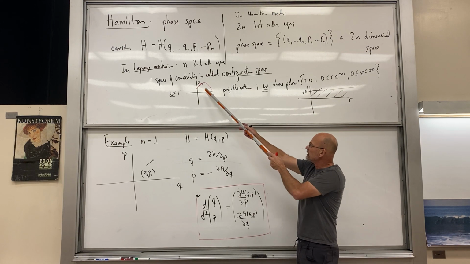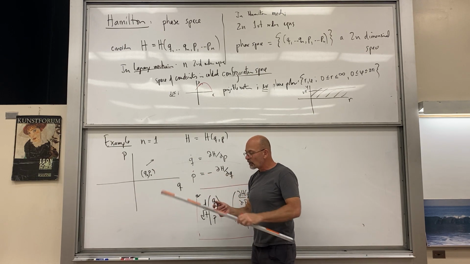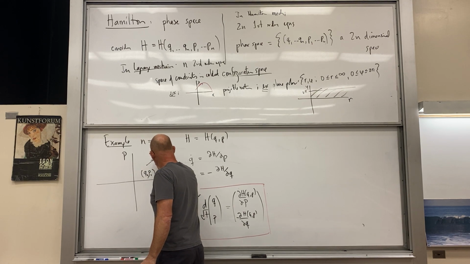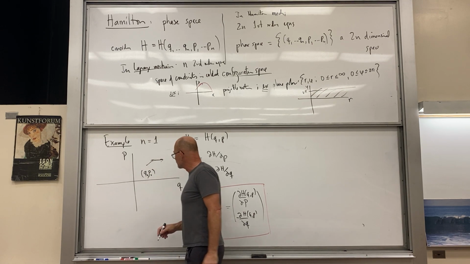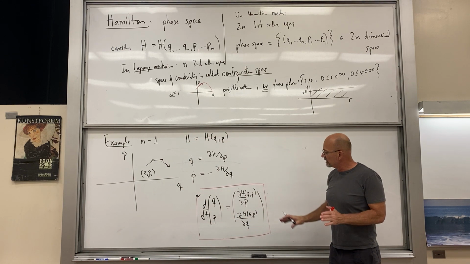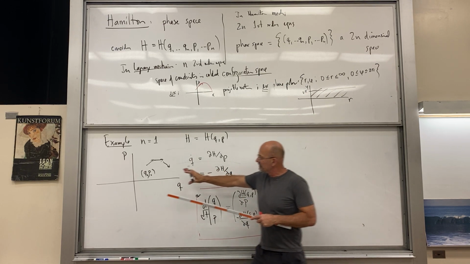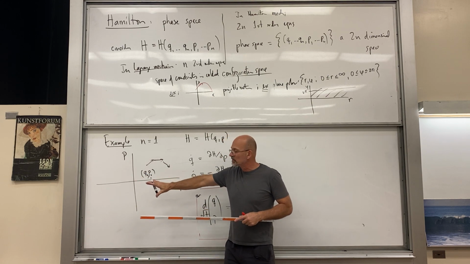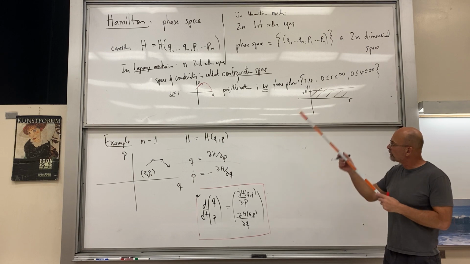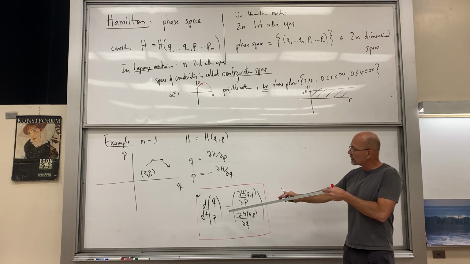I had that projectile motion there, so if you had some more points, say you had one right here, and that vector is pointed that way, and you had one right there, the vector is pointed that way, you can have your vector field, and if you plot enough of those arrows, it'll show you what the trajectories look like. Okay, this is something we do not remotely have with the Lagrangian system. You have to have the first order differential equation.